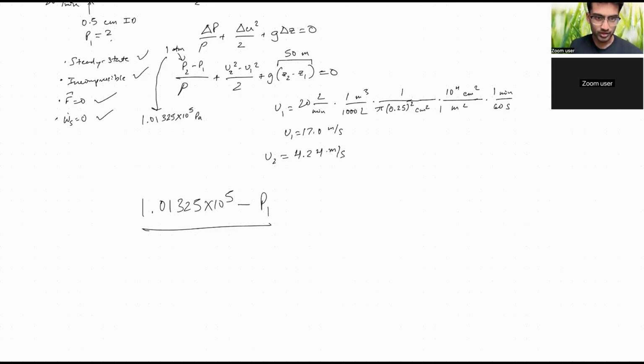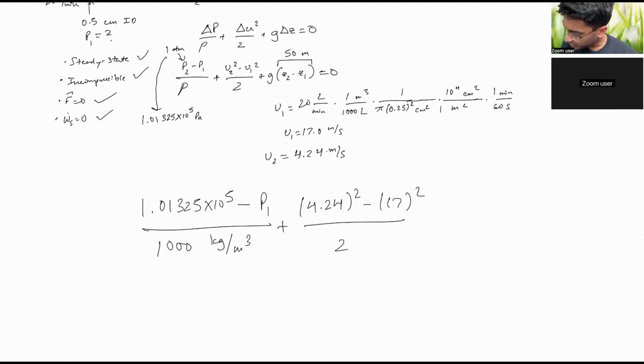Density of water is 1 gram per centimeter cubed, or 1,000 kilograms per meter cubed, keeping everything in SI units, plus 4.24 squared minus 17 squared over 2, plus 50 times 9.8 meters per second squared equals 0.